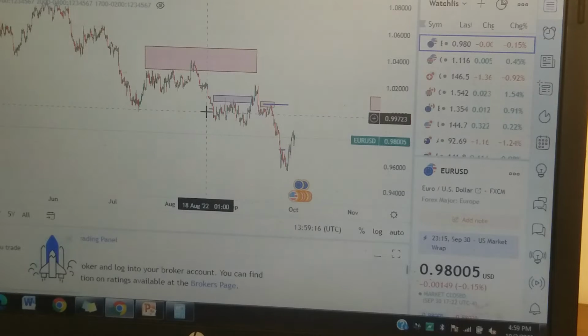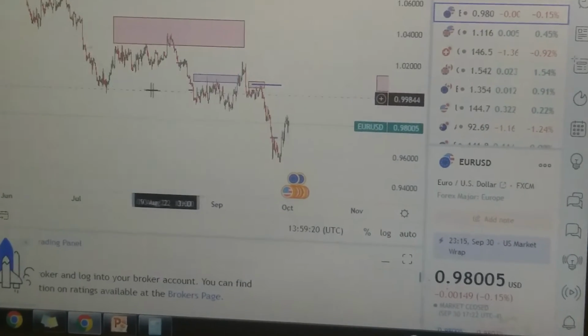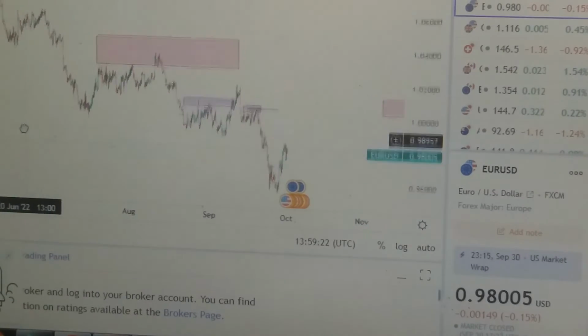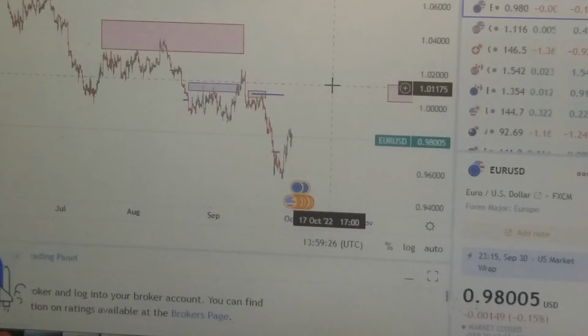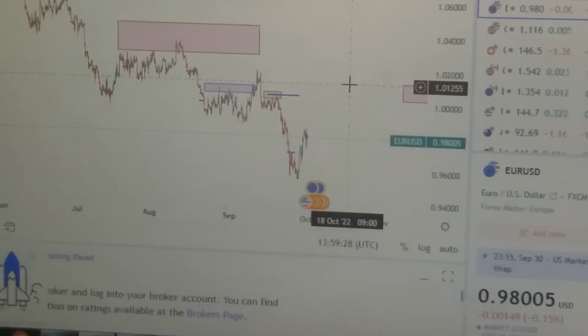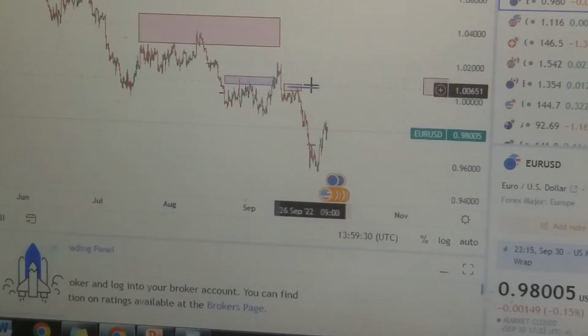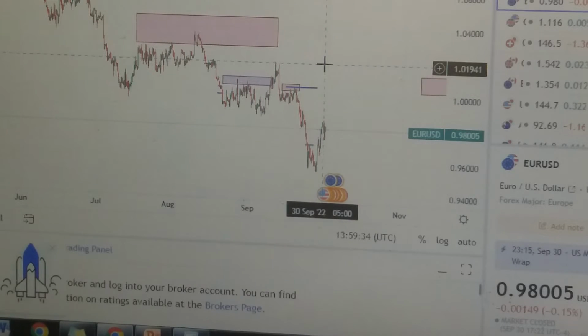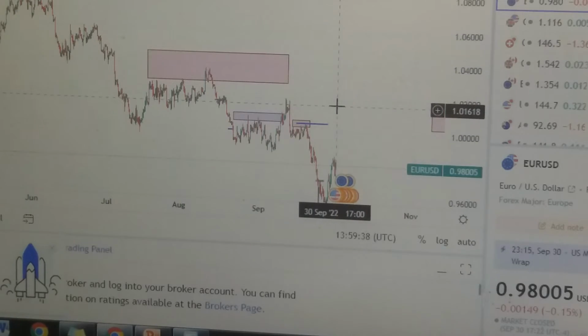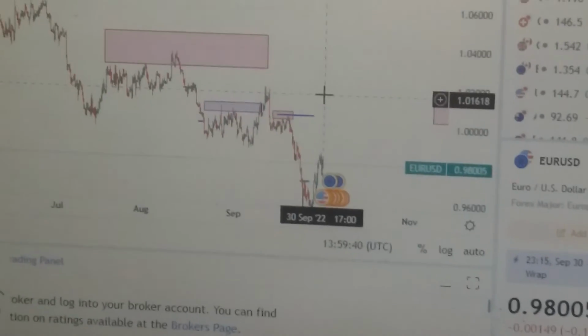This is Euro USD. And if you look at this structure, it is on a downward trend. First of all, you need to understand where the market is going. Now, you know that on a downward trend, we sell. The market is going down on a downward trend.